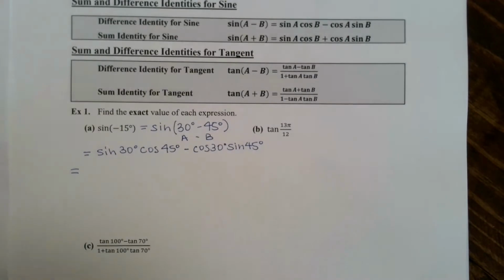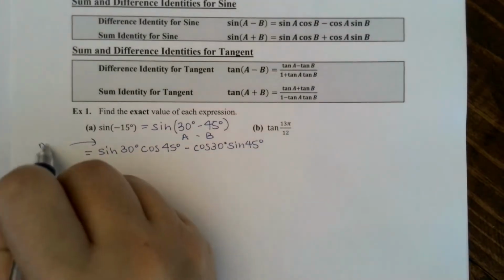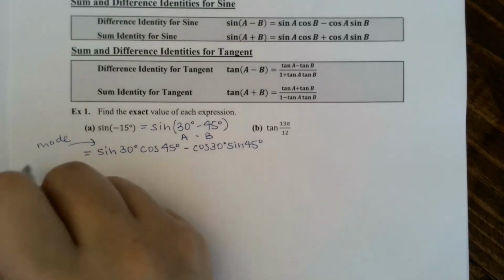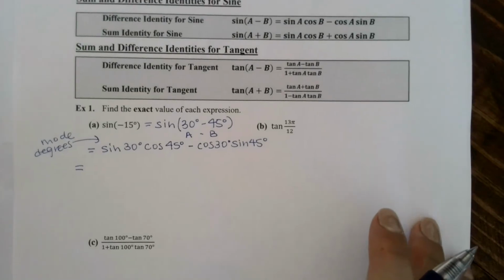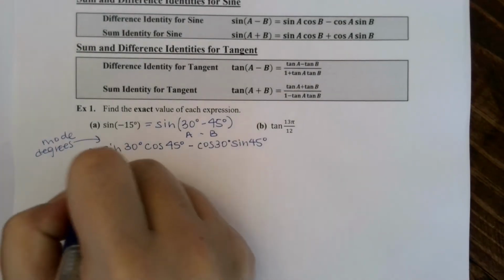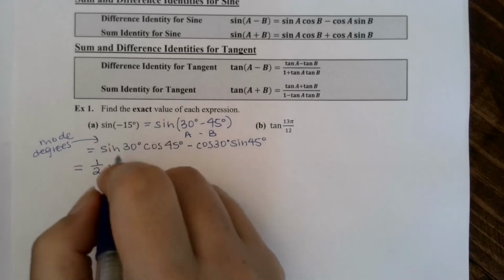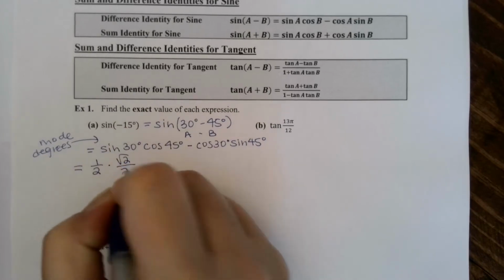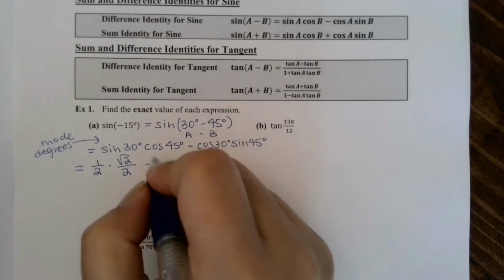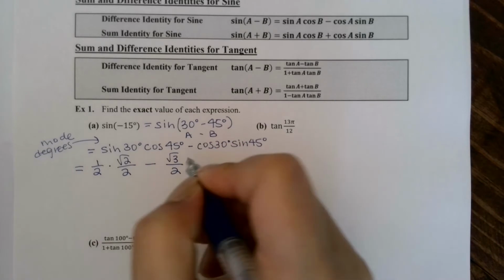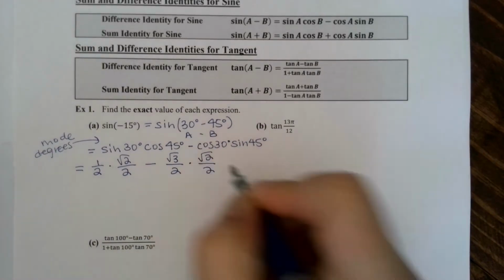At this point you can plug these into your calculator. Make sure your mode is correct. Here we're talking about degrees, so your mode needs to be in degrees. Sine of 30 gives me 1/2. Cosine of 45 degrees is square root of 2 over 2, minus cosine of 30 degrees is square root of 3 over 2, and sine of 45 degrees is square root of 2 over 2.